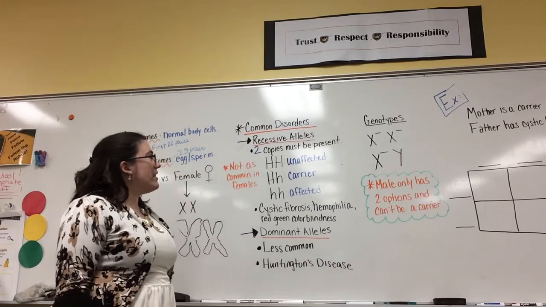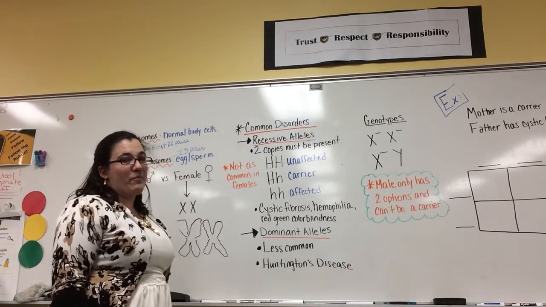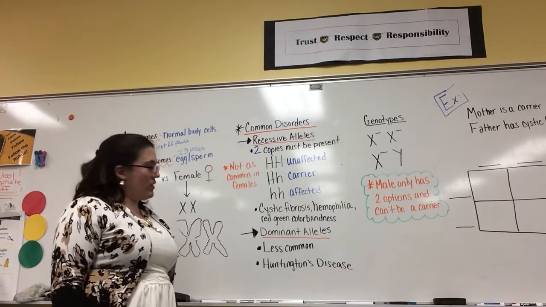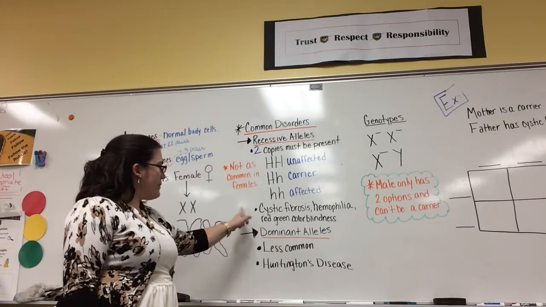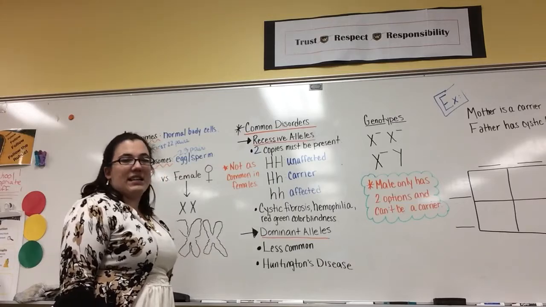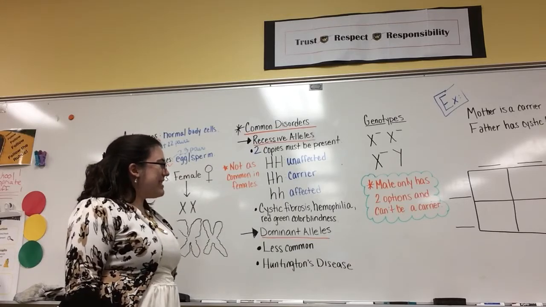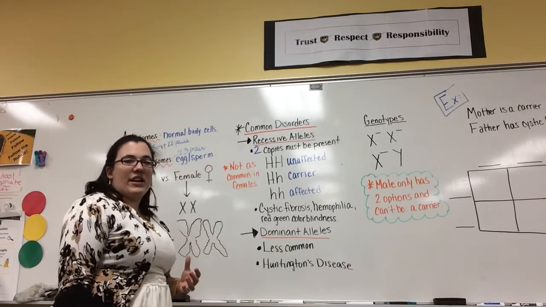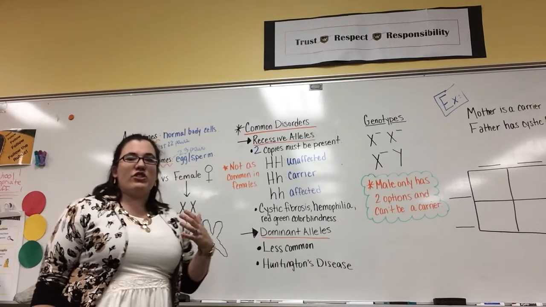So recessive X-linked disorders are much more common in males than females. So some examples of disorders that are X-linked are cystic fibrosis, which has to do with the glands that are in your lungs and in your chest.